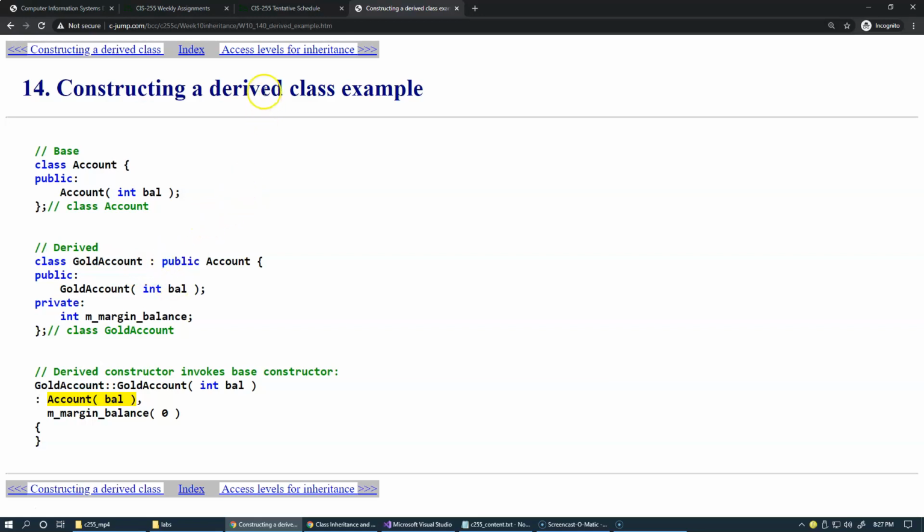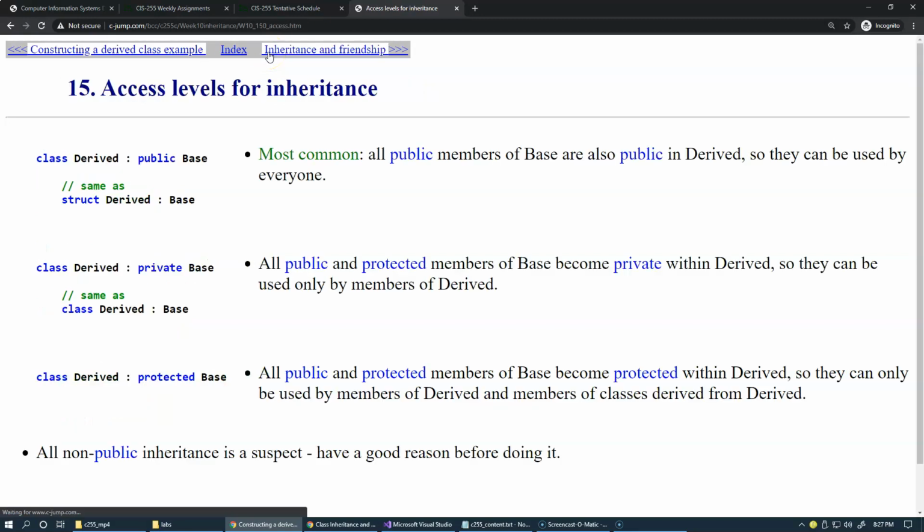Okay, but there are different access levels for inheritance. So the public inheritance level is the most common. All public members of the base are also public in the derived class, and that's the rule. Okay. So the second choice, the next thing to consider, is private inheritance.